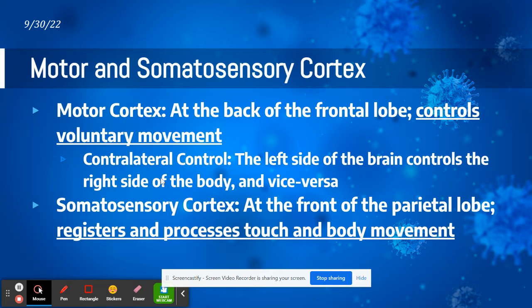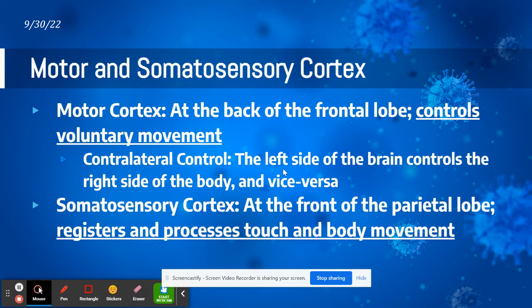One thing that I will note here, and this will make sense especially once we talk about the corpus callosum, which I'll get into in about 2 to 3 slides: the motor cortex and the somatosensory cortex follow what's called contralateral control. Contra means opposite, and lateral means the side, so opposite side control.